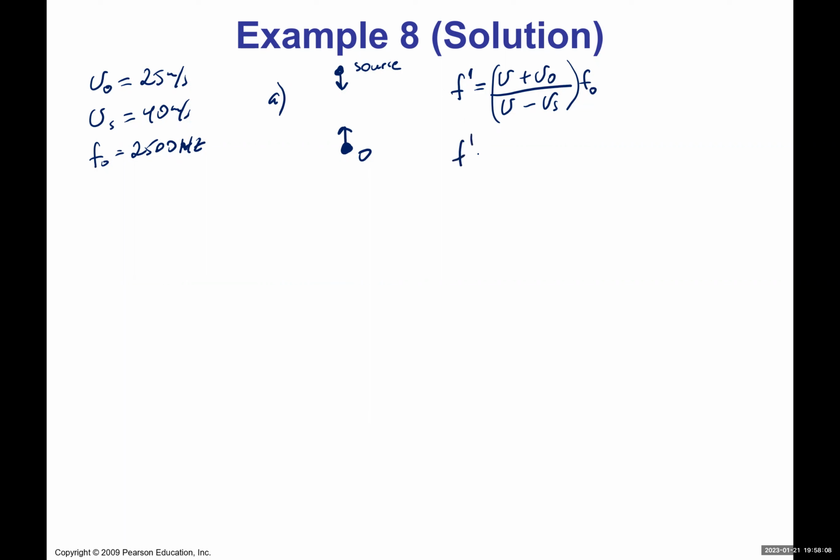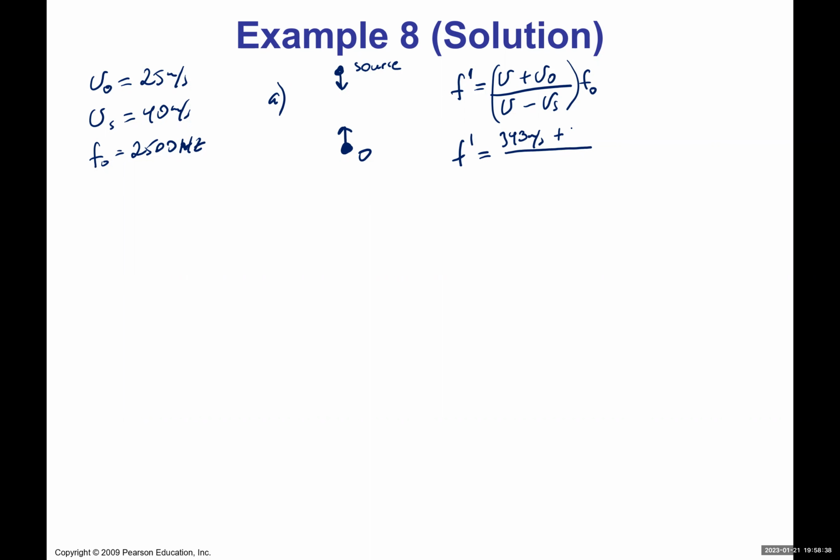Then I can say f prime is equal to 343 meters per second, the speed of sound in air, plus, now I have to look at the signs for the observer velocity and source velocity. Remember, if they're approaching toward one another, then their velocities are positive.